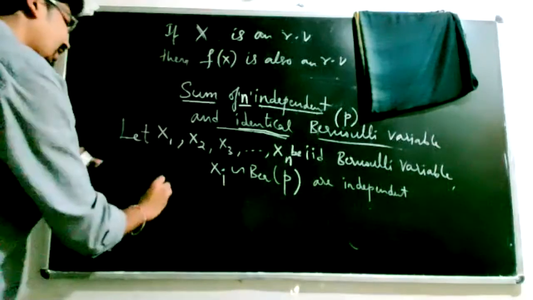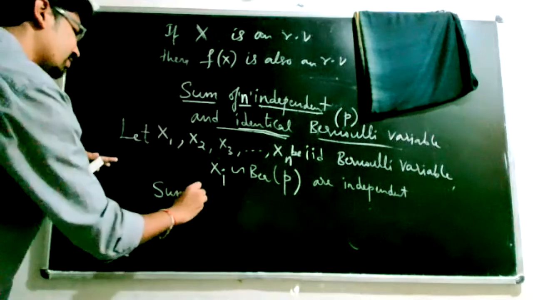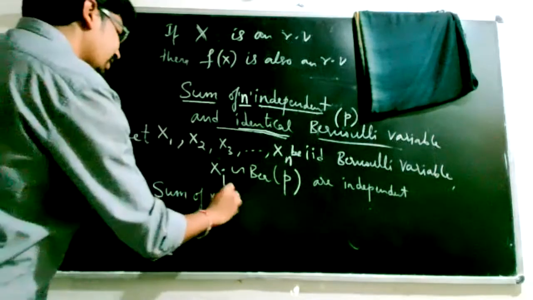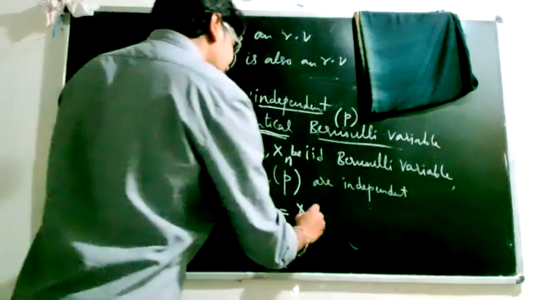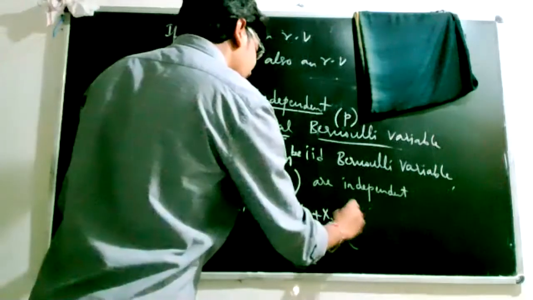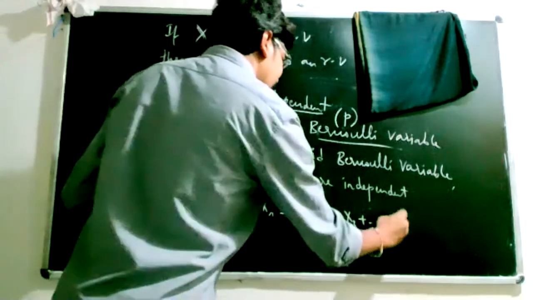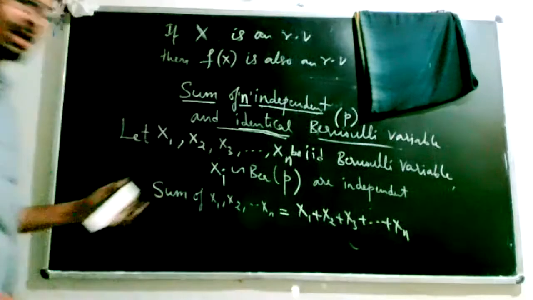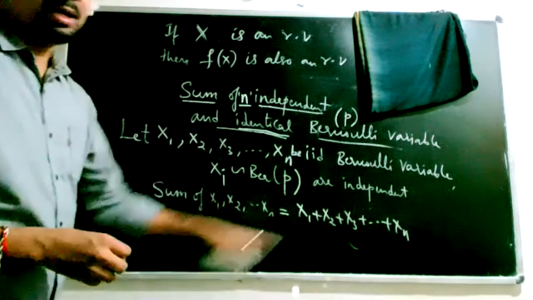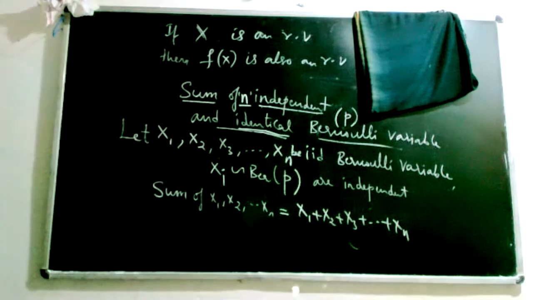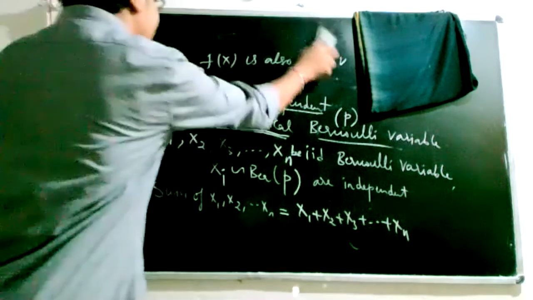And now we are talking about the sum of that. The sum of x1, x2, etc., xn can be written as x1 plus x2 plus x3 plus etc., plus xn. Now we see what happens to the sum of these n variables. Let us take each of these variables.